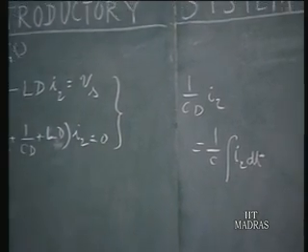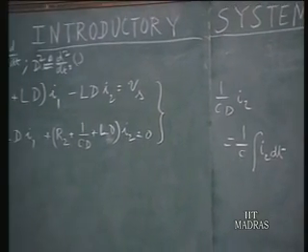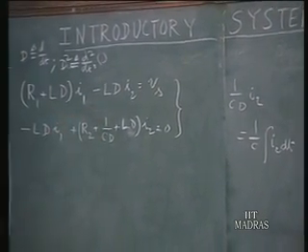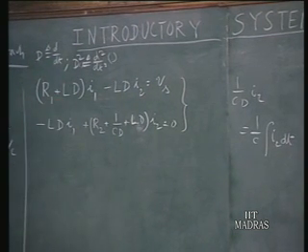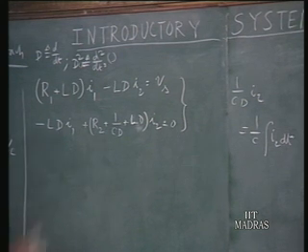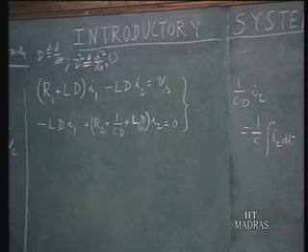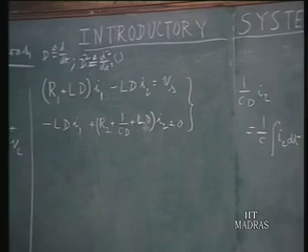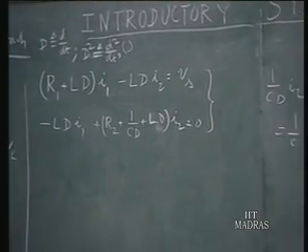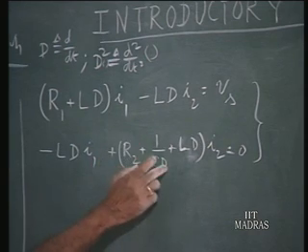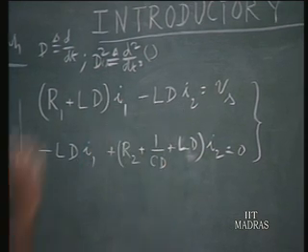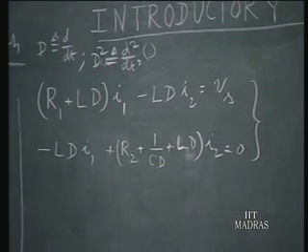Now we are interested in solving for I1, therefore we have to eliminate I2. If there were purely algebraic equations, we would have multiplied by suitable factors and eliminated I2. The same thing can be done here also, recognizing that these are operator functions, but we can manipulate them in the same way as algebraic factors. So you multiply this equation by LD and that equation by R2 plus 1 over CD plus LD and eliminate I2 in the process.